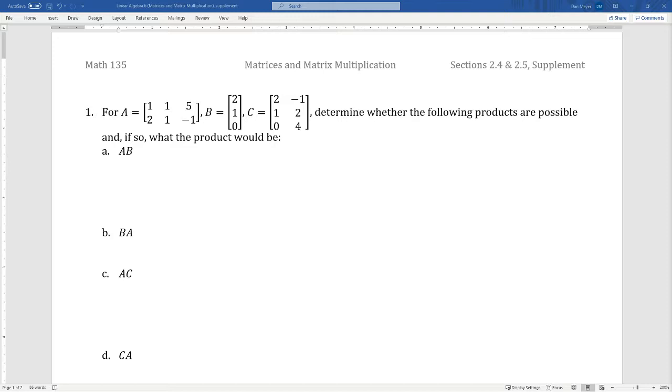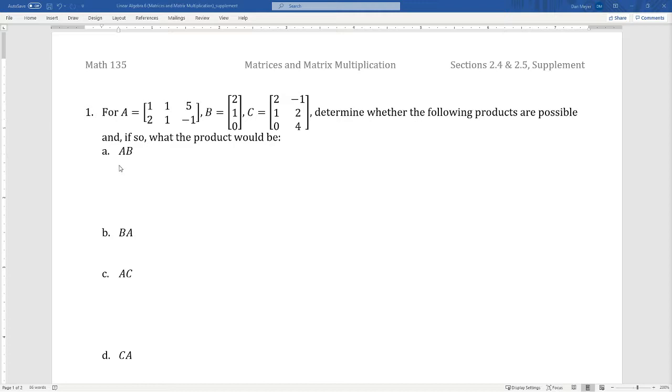For number one here, we're given three matrices, A, B, and C, and we want to determine if the products are possible, and if so, what they would be. So remember, in part A, when we're looking at A times B, to think about whether that product is even possible, we want to look at the dimensions of these two matrices.